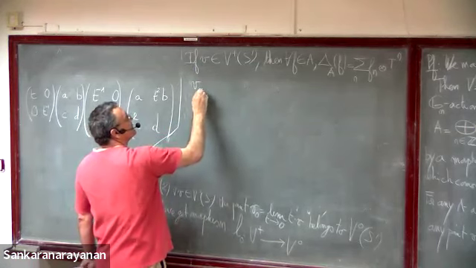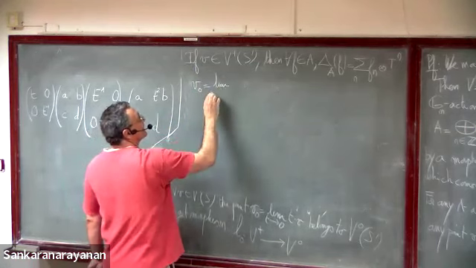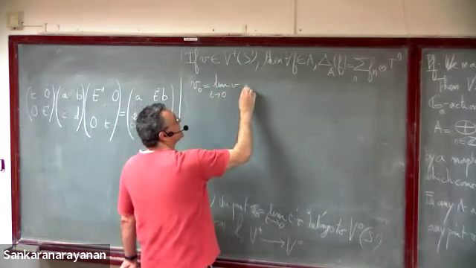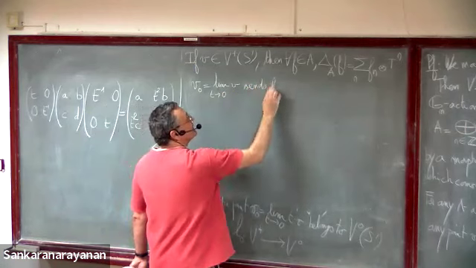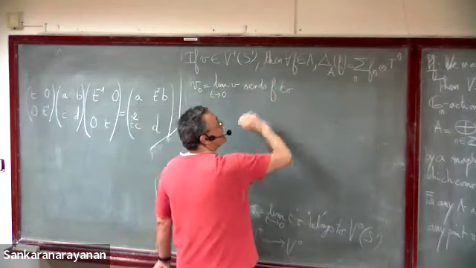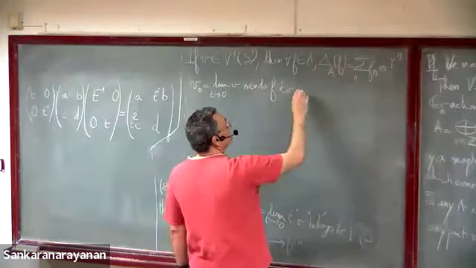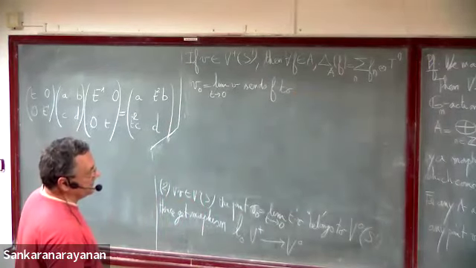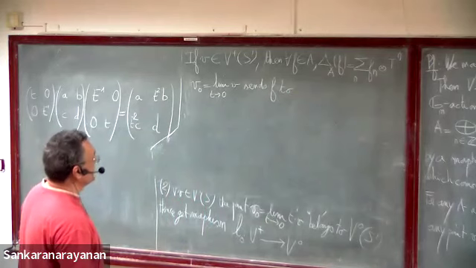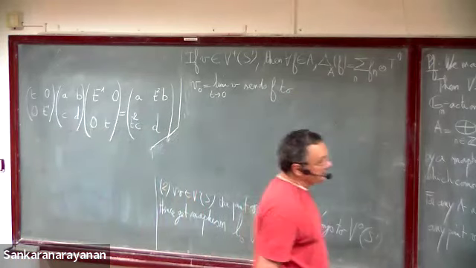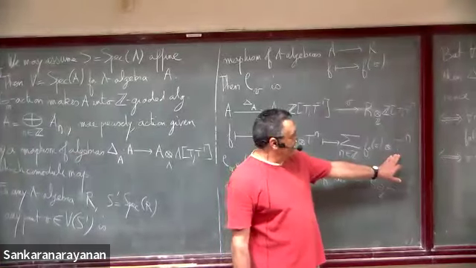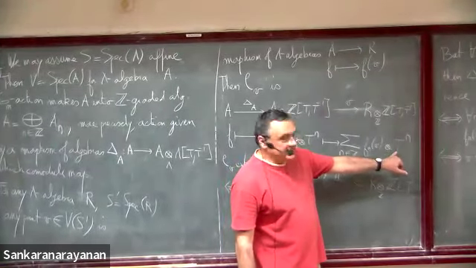So if I call V0 this limit, it sends F to... okay, so the condition for being in the positive part is that there are no negative powers. And then the limit, we just make t equal to 0.